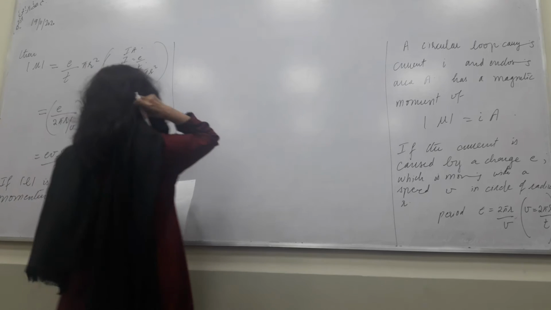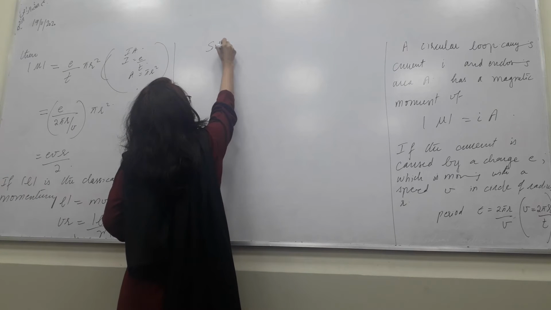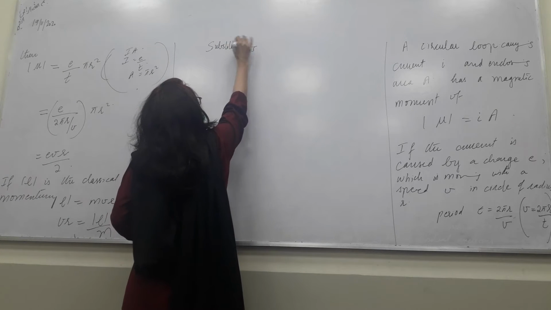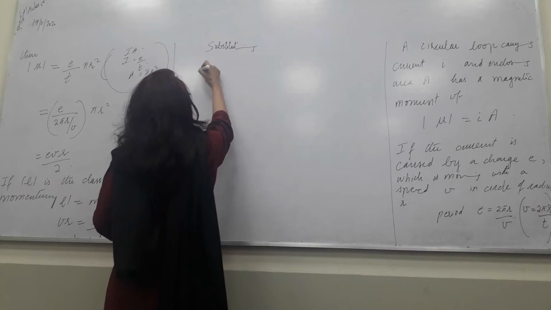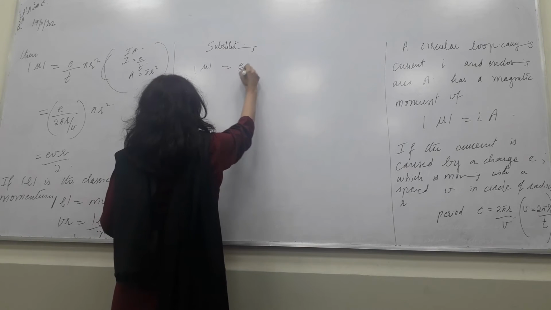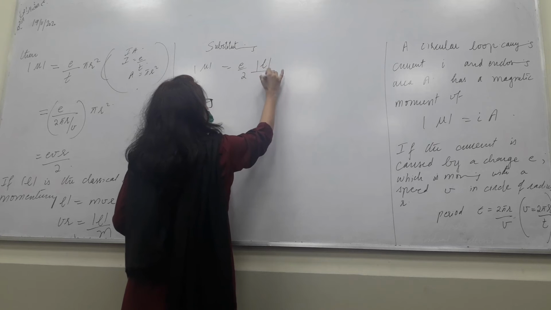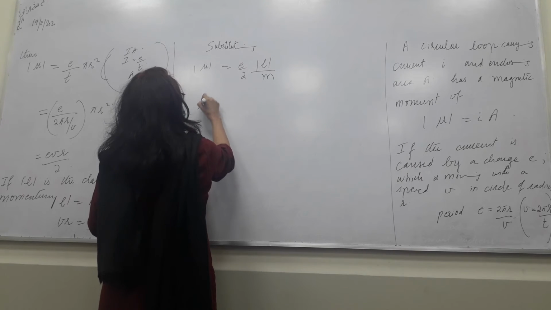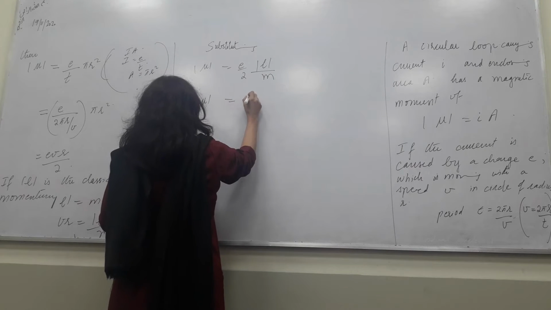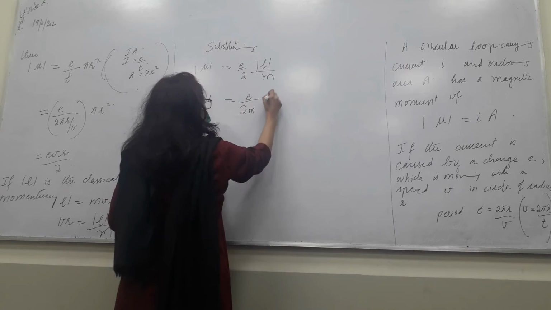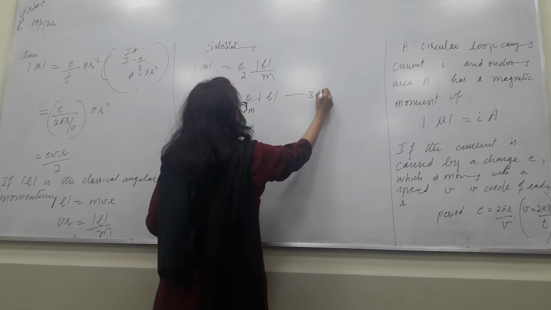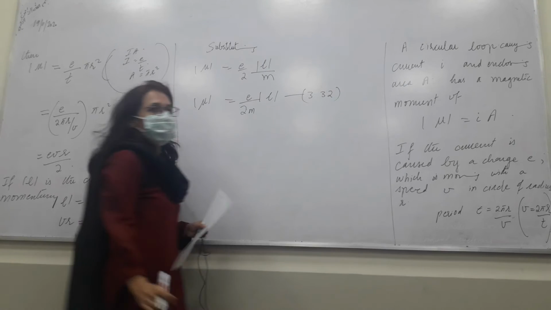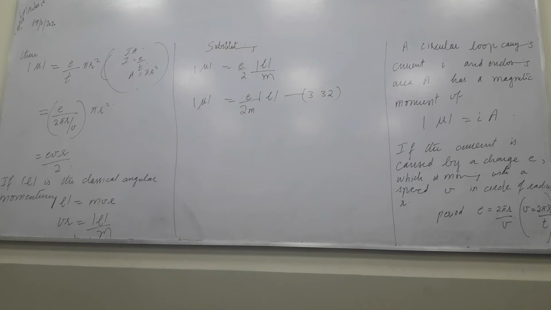So substituting, we get mu is equal to E over 2 into L over m, and mu is equal to E over 2m into L. So this was an explanation of the equation that you have in the book, which is 3.32, right?